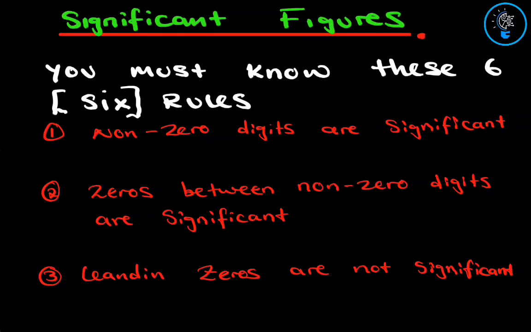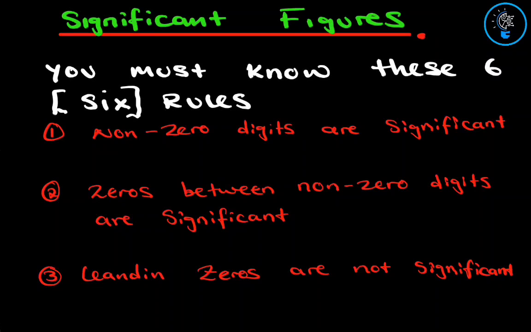In this one, we are going to talk about significant figures. So we will begin by talking about the first 6 laws that you need to know under significant figures. Then from there, I'm going to show you 2 laws that you need to know beside the 6 laws.